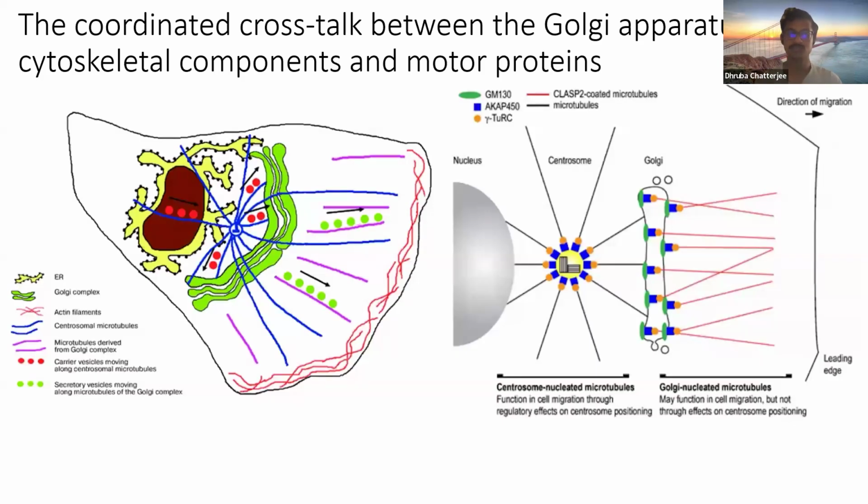So what happens is that during cell division, the Golgi apparatus and endoplasmic reticulum also get fragmented. Usually it stays in a very compact and stacked manner, but during cell division there is considerable rearrangement of the Golgi organization, coupled with a considerable reorganization of the microtubule network.